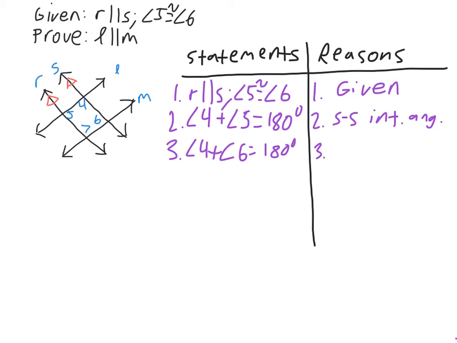And we know that because we know that angle 5 is congruent to angle 6. So now we just proved that angle 4 and angle 6 are supplementary angles.